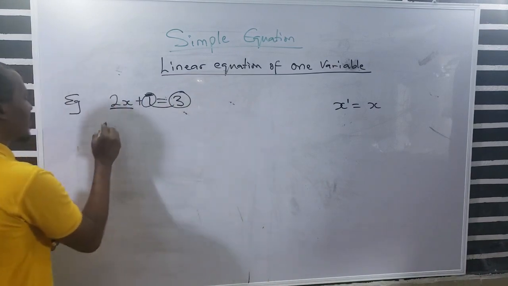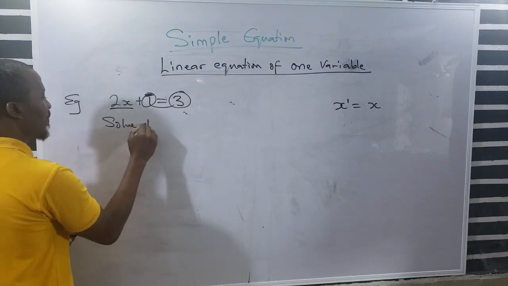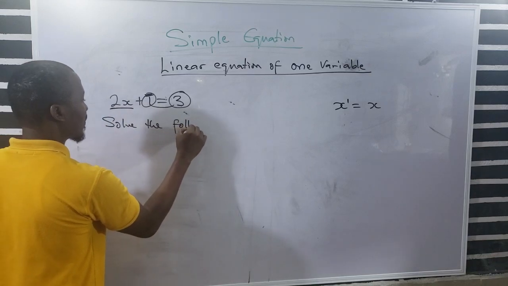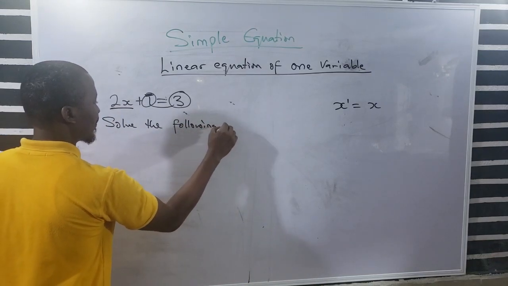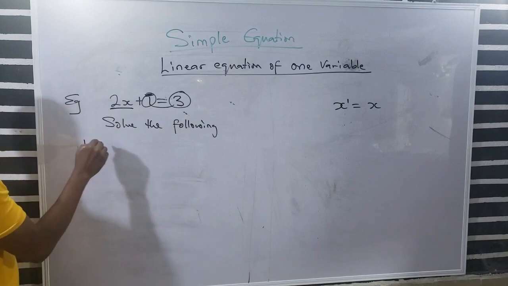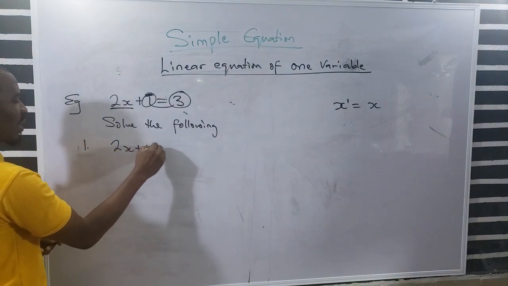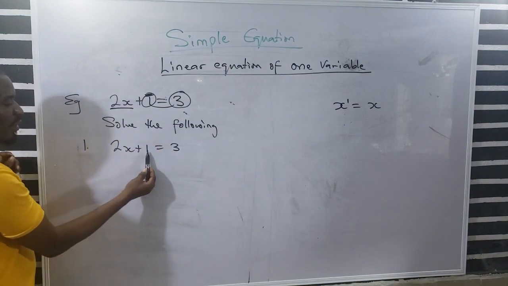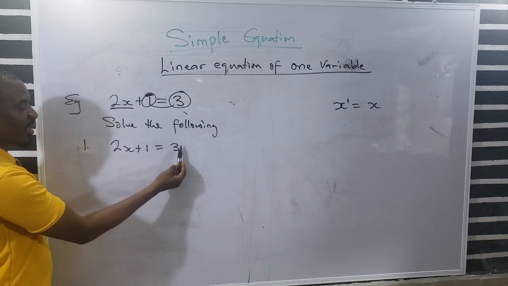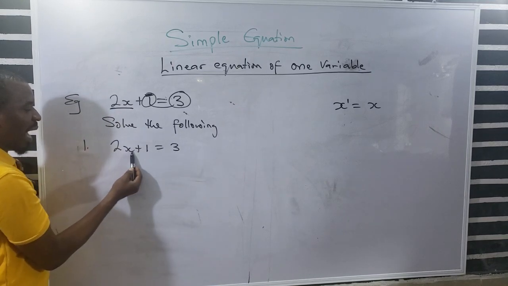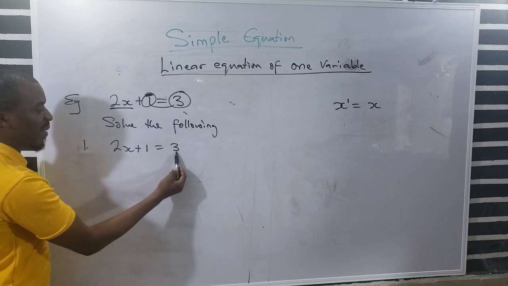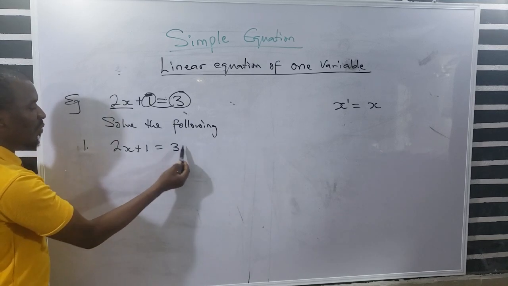So let us solve the following problems. Number one, 2s plus 1 equals 3. So this one here, we have to take it to the right hand side so that I can have my s here and I can have my numbers here. So this one will move over.